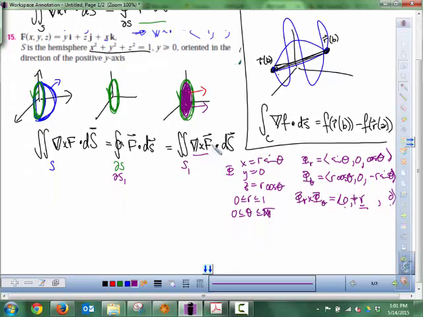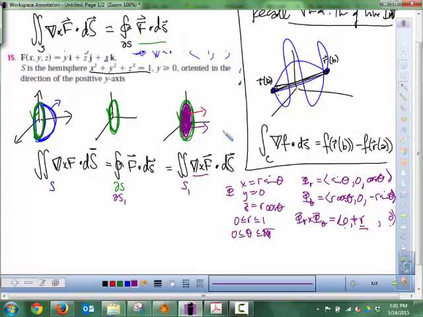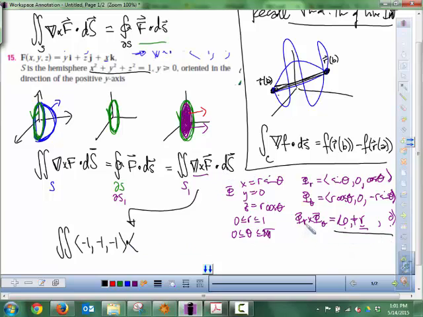And now we need to take the curl of f. I think we took the curl last time. We got -1, -1, -1. So let's finish this computation. The dS is going to be this vector, the cross product, 0, r, 0, and then we're going to go dr d theta.